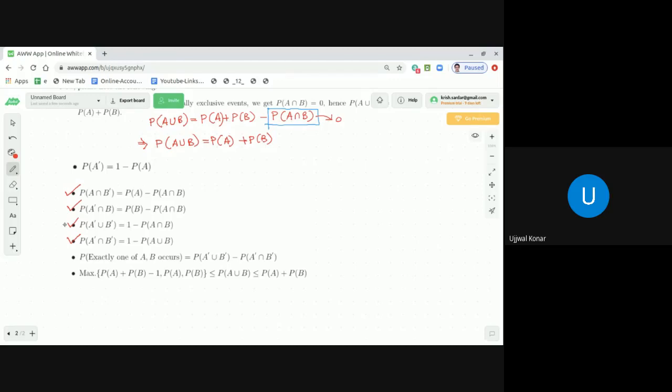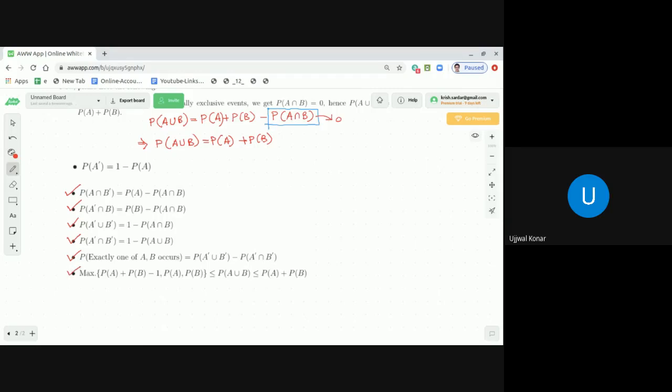And the next one is that the maximum of probability of A plus probability of B minus 1, comma, probability of A and probability of B, means in these three numbers, the probability of A plus probability of B minus 1, comma, probability of A and probability of B is always less than or equal to probability of A union B, which is less than or equal to probability of A plus probability of B. That is also very important information.